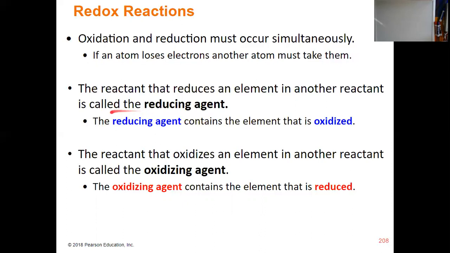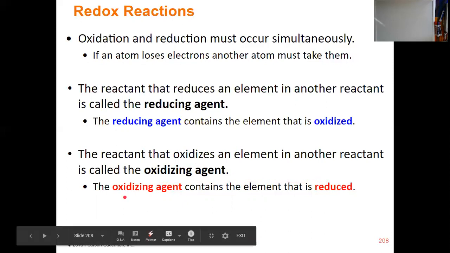So the reducing agent is going to contain whatever element has been oxidized. The opposite of that is the oxidizing agent. That's the thing that causes oxidation. Oxidation means a loss of electrons. So the thing that causes oxidation to happen is going to be the thing that takes the electrons away, or the thing that is reduced. So the oxidizing agent contains the element that is reduced.